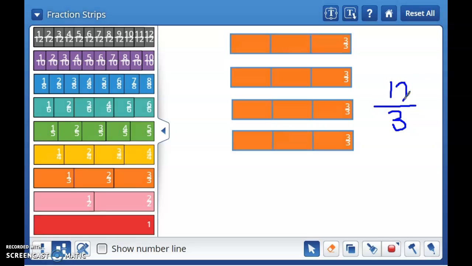So all together, all these little pieces, there's 12 versions of that 1/3 copy. 1, 2, 3, 4, 5, 6, 7, 8, 9, 10, 11, 12. There are 12 copies of that 1/3 unit fraction, or 12 thirds.